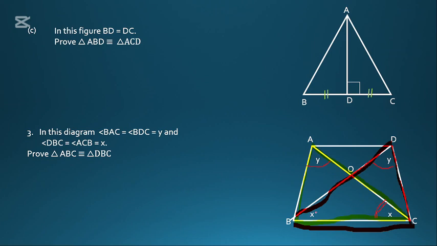And this X belongs to the red triangle. Can you see there? And lastly, we have this side here, BC. Now BC belongs to triangle ABC, and BC belongs to triangle DBC. So we have two angles and one side.